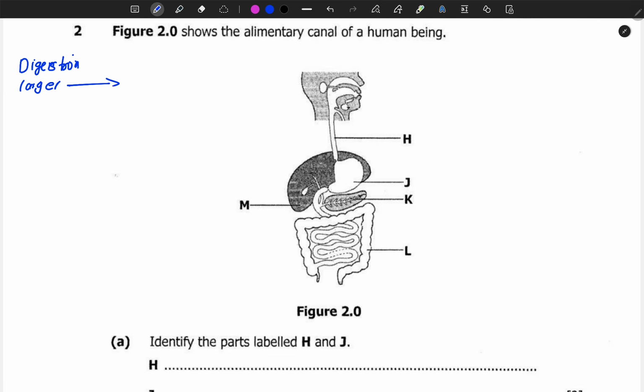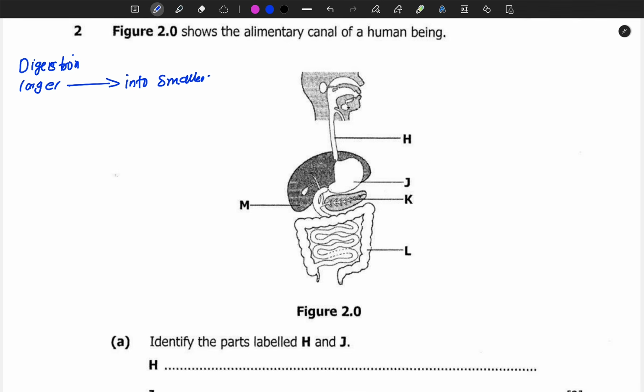So larger into smaller, macro into micro. There is a reason why the food must be broken down into smaller pieces: so that there is an easy absorption process, because there are smaller holes found in the alimentary canal, specifically in the small intestines during the absorption.